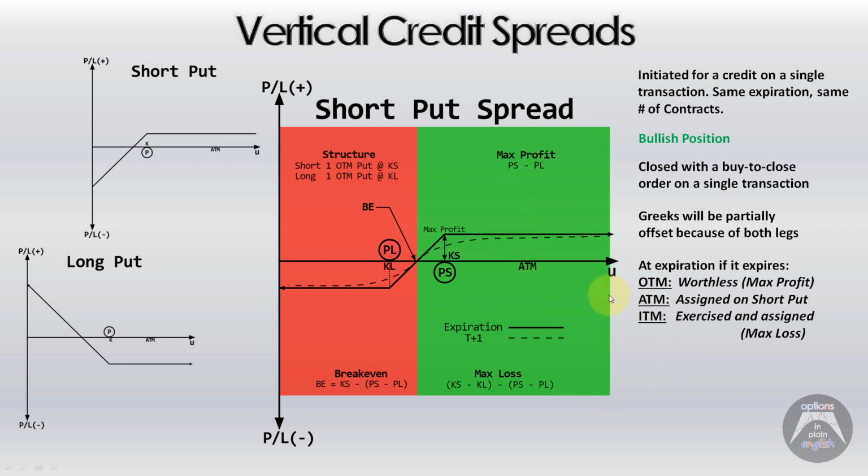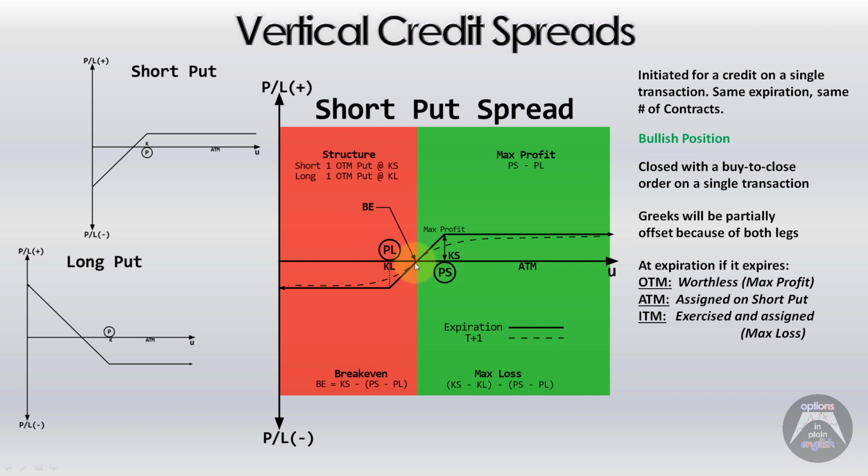If it's at the money, which for spreads means that it's in between the short strike price and the long strike price, then you're going to be assigned on your short put, and being assigned on a short put means that you're going to be assigned stock. So if you had one short put here, you're going to be assigned 100 shares of the underlying, and you're going to have to pay this price.